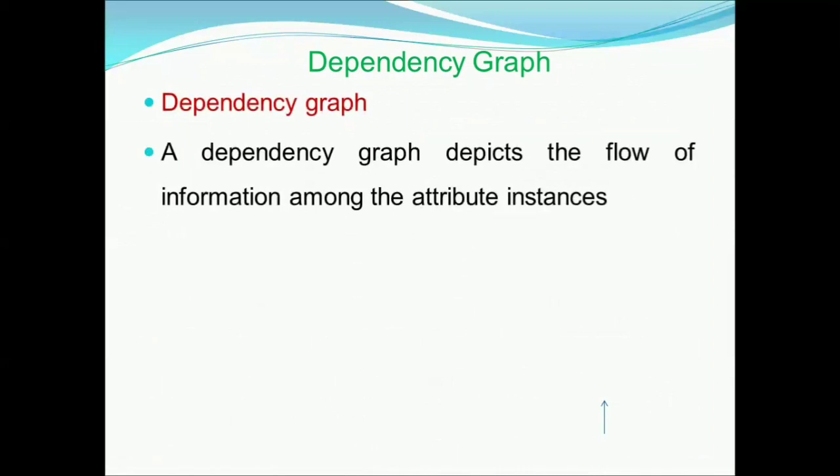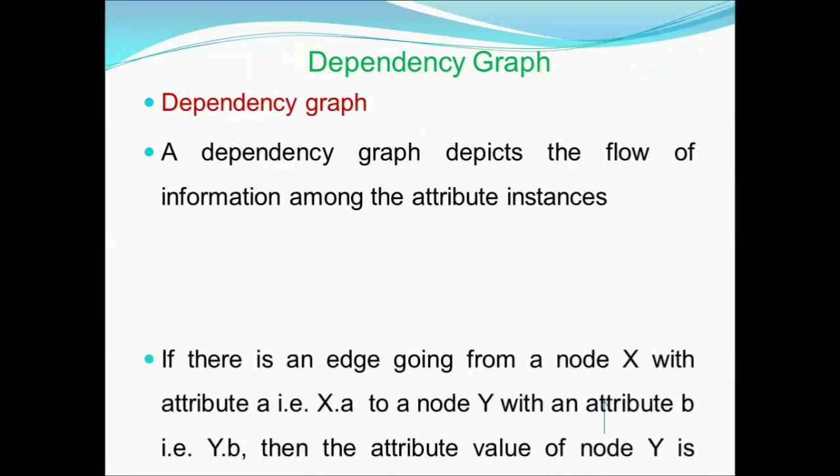So next is the dependency graph. What is a dependency graph? A dependency graph depicts the flow of information among the attribute instances, how the data is flowing from one node to another node.